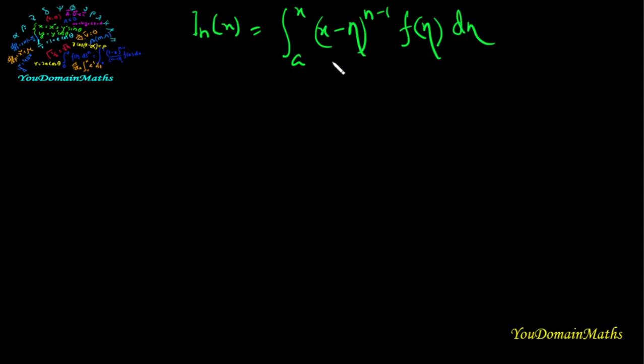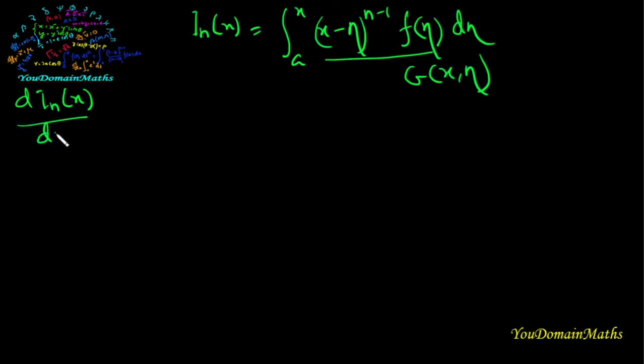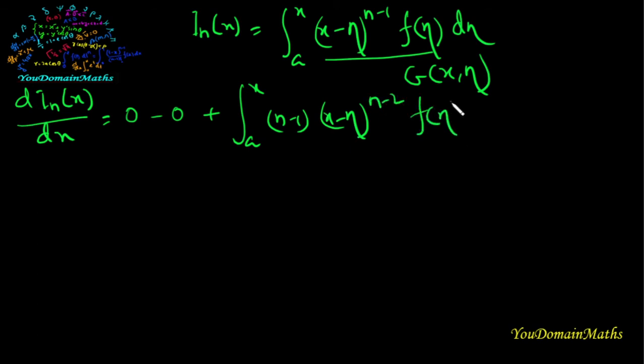So we take this as g(x, eta). Differentiating both sides, we get dI_n(x)/dx equal to: the upper limit put in these terms, eta replaced by x, then this value is 0, so this is 0; and since the lower limit is constant, this is also 0; and the third term is the integral from a to x of the derivative of these terms with respect to x, which gives n minus 1 times (x minus eta) to the power n minus 2 times f(eta) d eta.